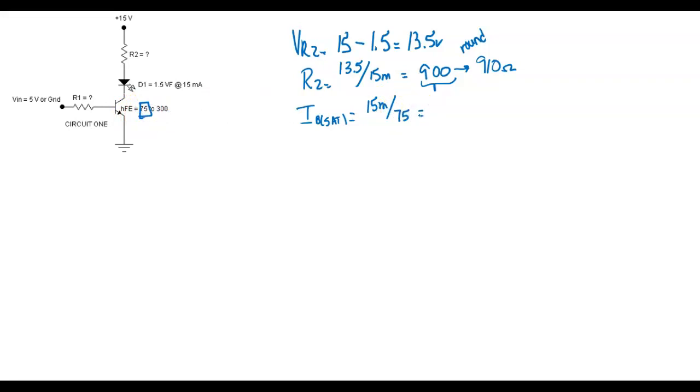And this gives us our saturated base current. Now the base current we're going to round down. The collector on a saturated switch, we just round to the next value.